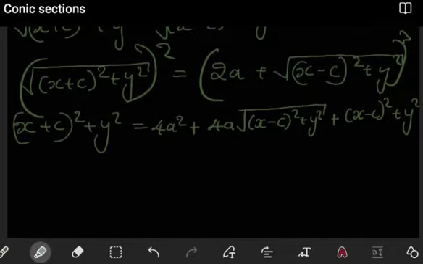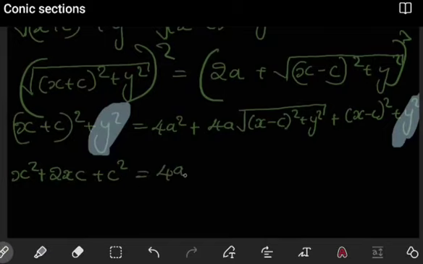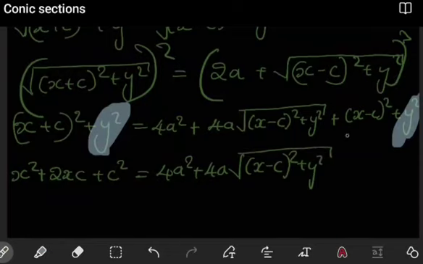When we look at this equation, these squared terms are going to subtract out. We remain with the x plus c squared, and this is going to be x squared plus 2xc plus c squared. On the right side, however, this will still be 4a squared, this will still be 4a, then you have root x minus c squared plus y squared, but that last term, the x minus c squared, can be expanded, and it gives us x squared minus 2xc, then plus c squared.